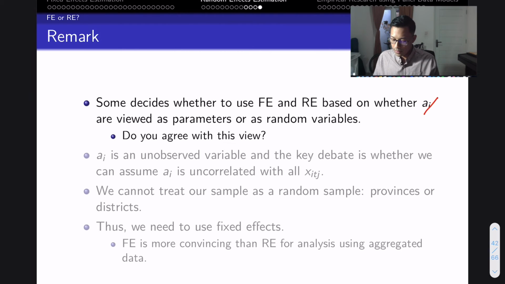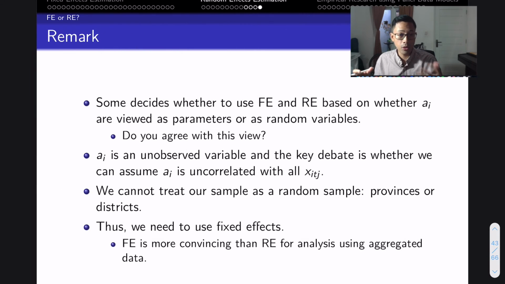So the unobserved variable, a_i, is the key debate on whether we're going to assume a_i is uncorrelated with all the explanatory variables or the explanatory variable of interest. If you argue that it's not correlated, but your colleague says, hey, I can think of an example why this unobserved heterogeneity is actually correlated with X, then your assumption may fail. So you have to be very mindful in thinking about whether it is correlated or not.